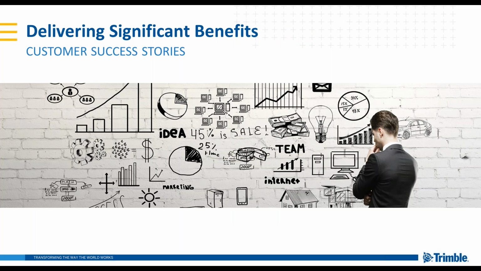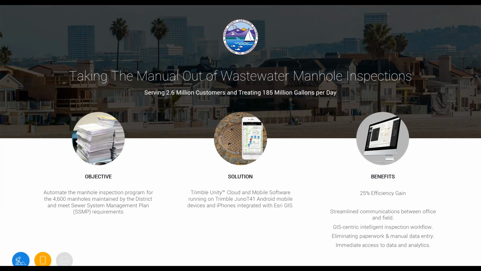So let's take a look at one of our customers and case study here. Orange County Sanitation District serving 2.6 million customers in Southern California, and it treats approximately 185 million gallons of wastewater a day.